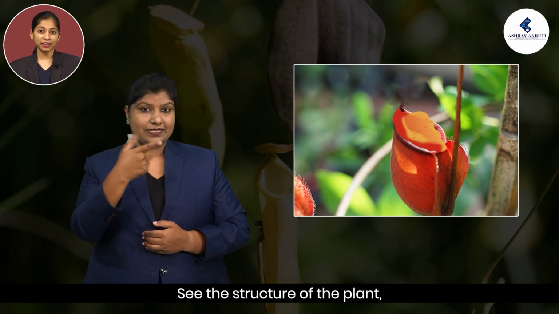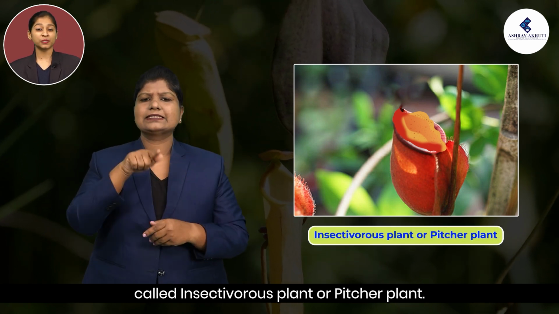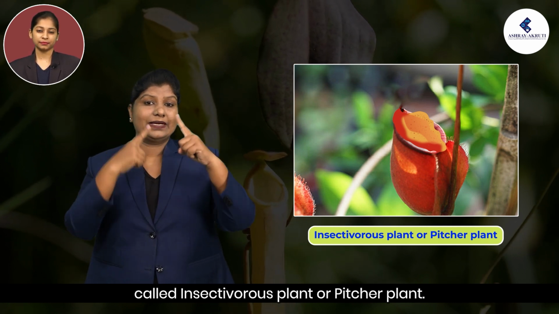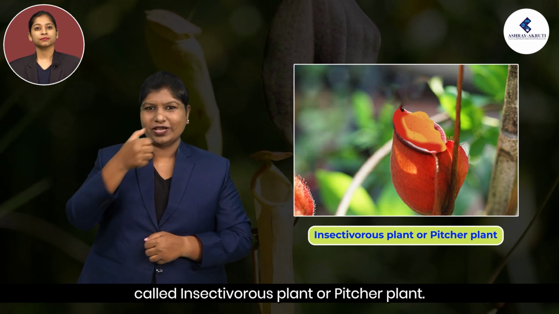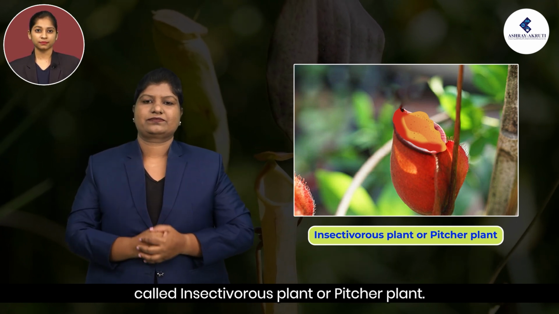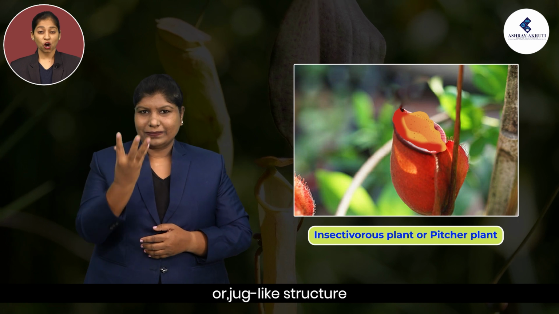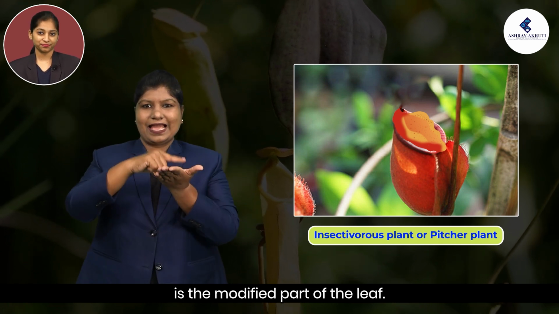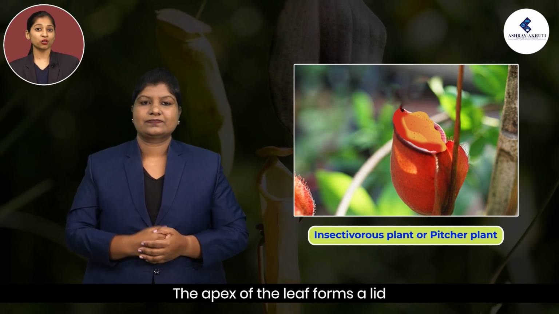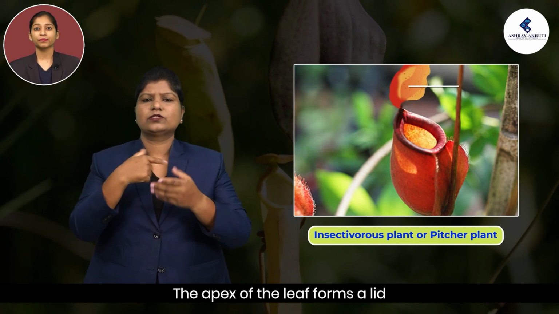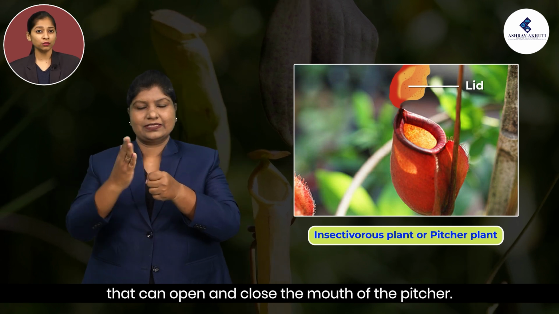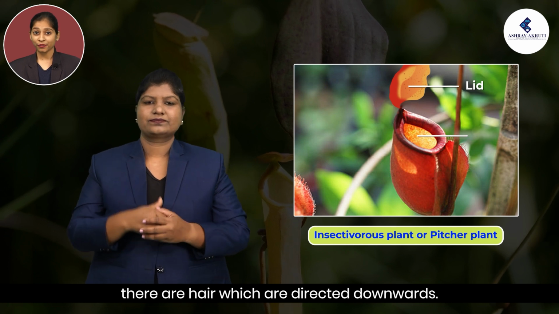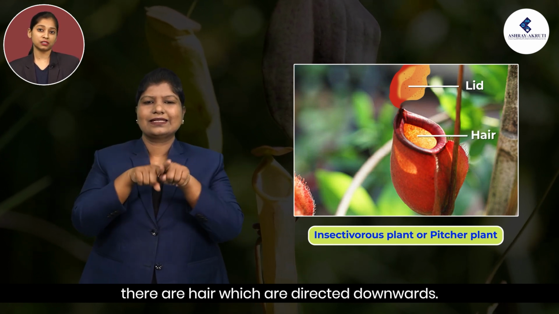See the structure of the plant called insectivorous plant or pitcher plant. The pitcher-like or jug-like structure is the modified part of the leaf. The apex of the leaf forms a lid that can open and close the mouth of the pitcher. Inside the pitcher, there are hairs which are directed downwards.